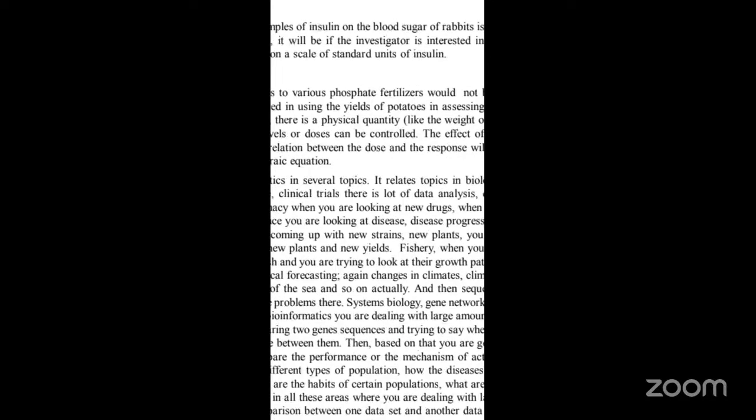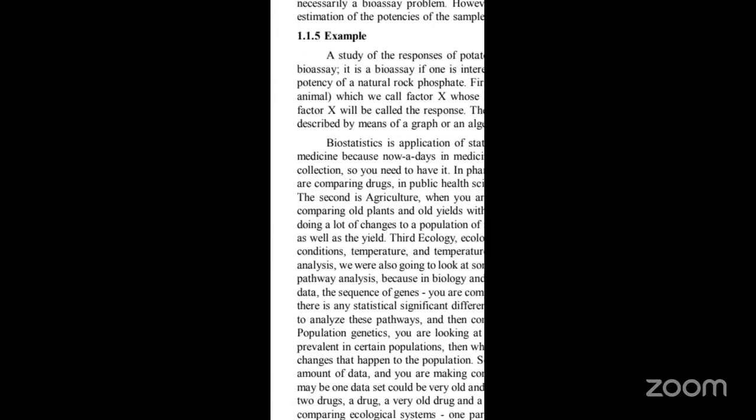The next example is a study of the response of potatoes to various phosphate fertilizers, which would not be a bioassay. So here, see, this example is not a bioassay. Why? The response of potatoes to various phosphate fertilizers means if we give different fertilizers to the plant, we look at the yield of the potatoes, and we cannot call it a bioassay.